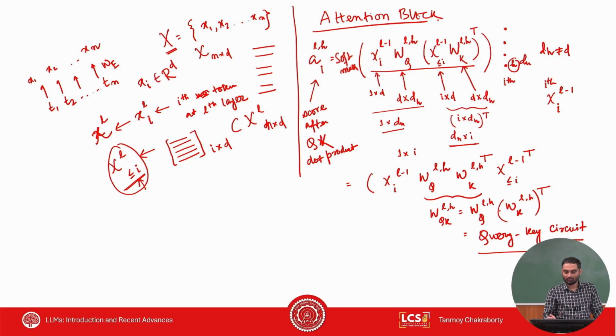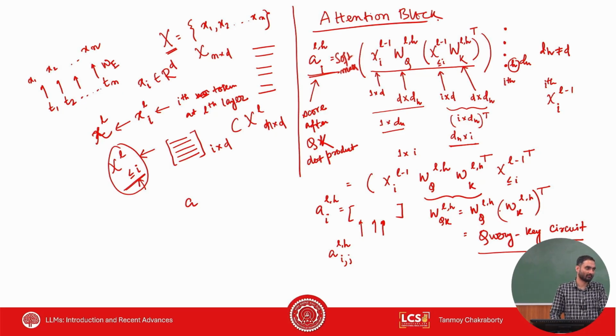For that, I will take this one and multiply it with the value, right? Now look here, A_i^(L,H) is essentially a vector. So each of these elements can be denoted by A_{i,j}, where j ranges from 1 to i.